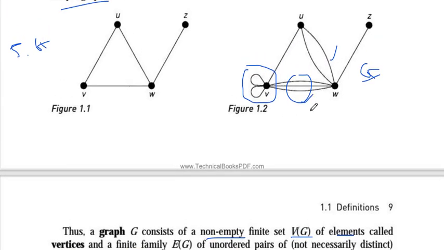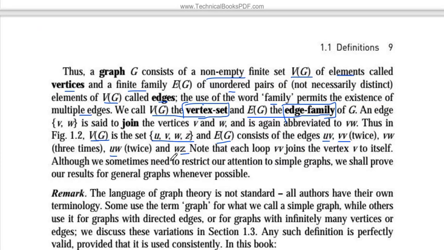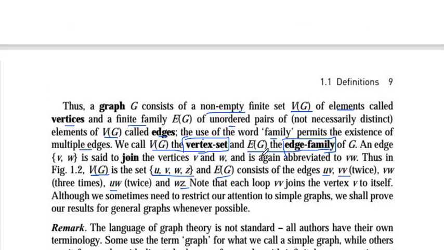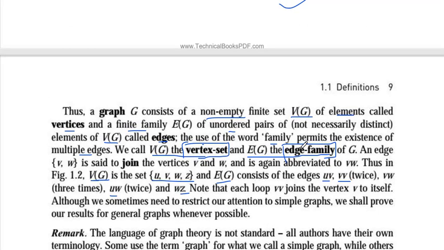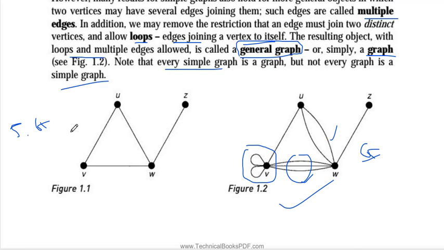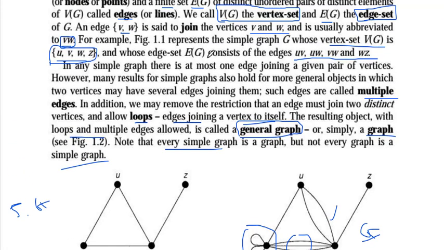So this is called the edge family. So vertex set, edge family, and for a normal graph we may call it the edge set. So there are three definitions: vertex set, edge set, and edge family.